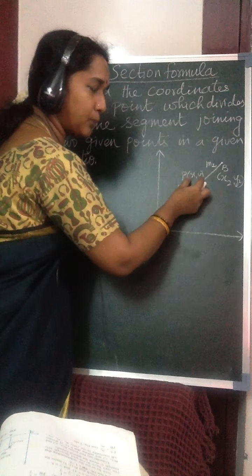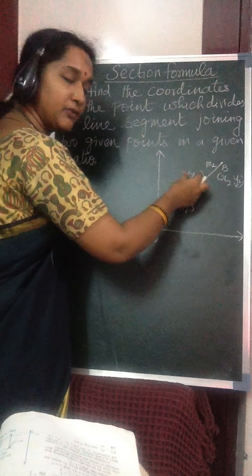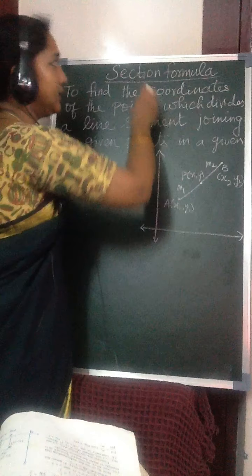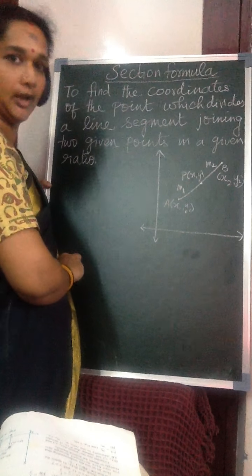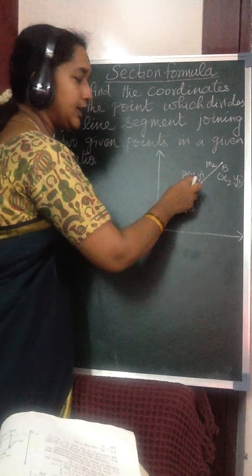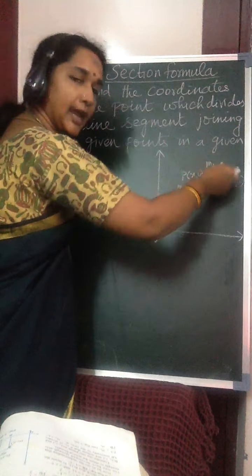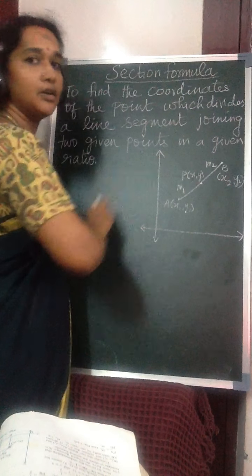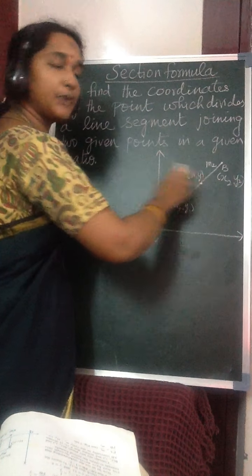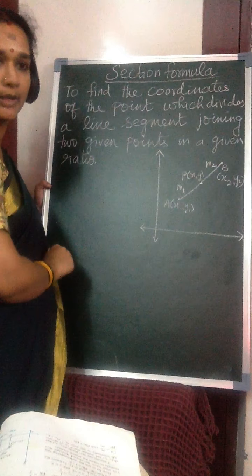If we find the value of this x comma y, that is the section formula. If M1, M2, and the x and y coordinates of A and B are given, then you will find the coordinates of P x comma y. That is the section formula.